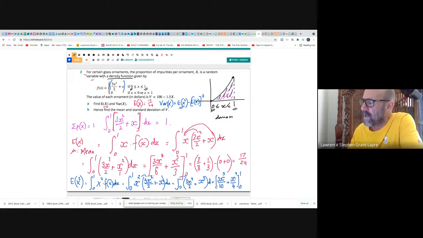Now substitute 1 in there and substitute 0, you get 3 over 10 plus a quarter, which equals 22 over 40, 11 over 20.